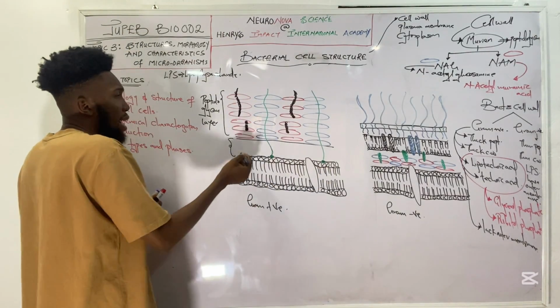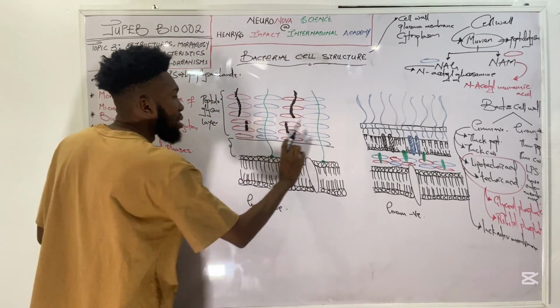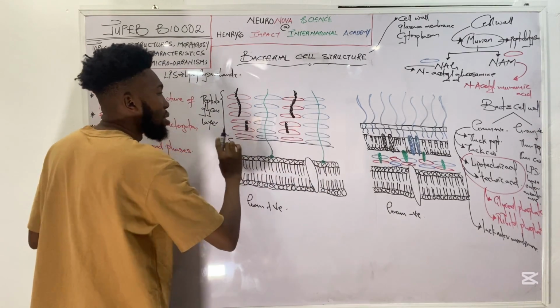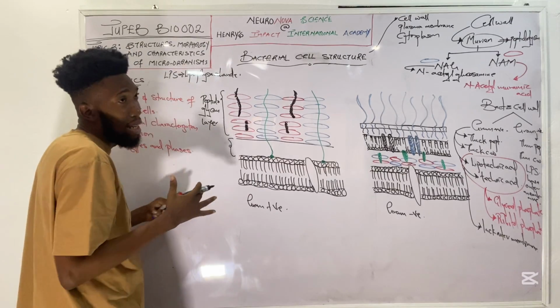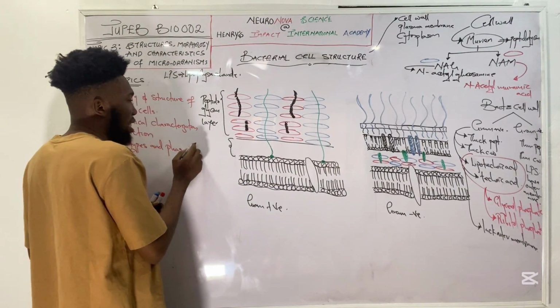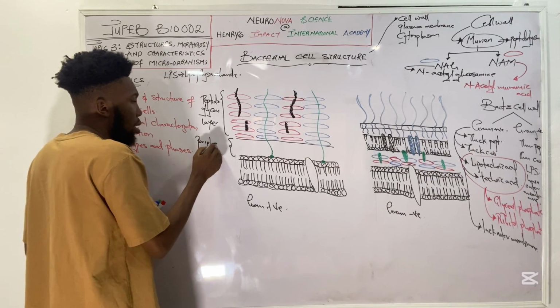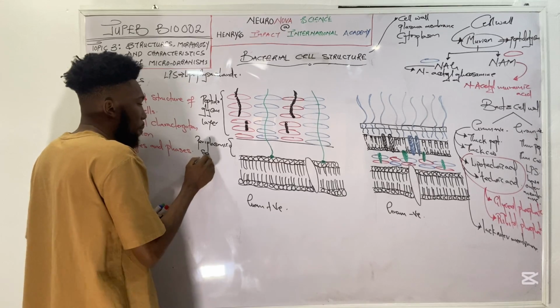I get it now. And in between the peptidoglycan layer and the inner membrane, you have this space here, and this space contains components that can release enzymes and some other stuff, but they call it the periplasmic space. So it is called the periplasmic space.